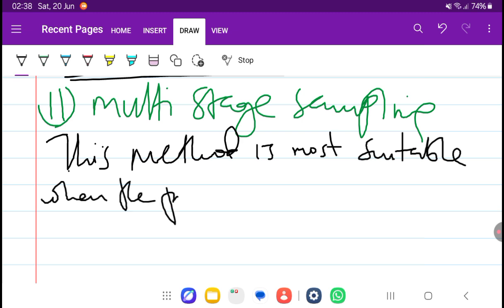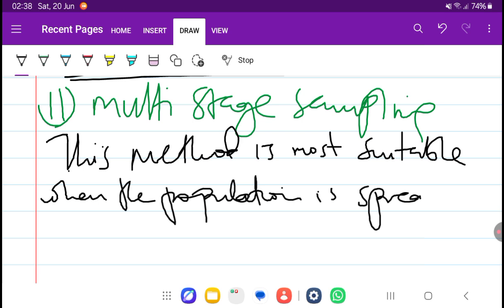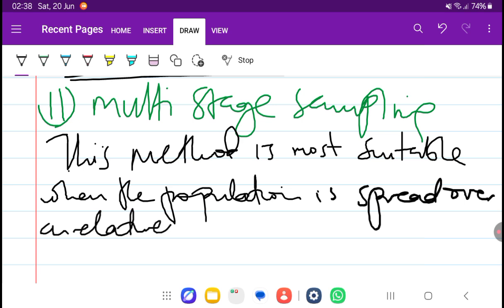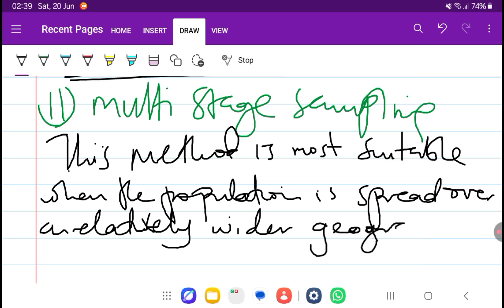the population is spread over a relatively wider geographical area, geographical area or location.